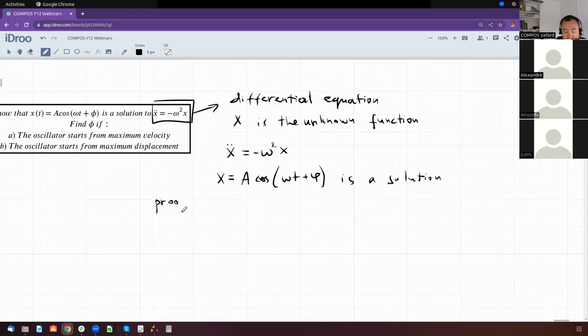Well, it's not really a proof, it's show that. We're showing that it is a solution. Now we're differentiating it, the derivative of x, using the chain rule. It's going to be a omega multiplied by minus sine(omega t plus phi).